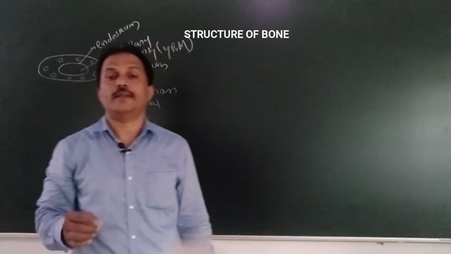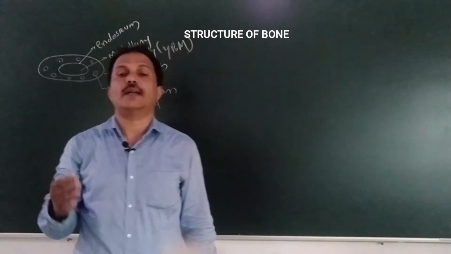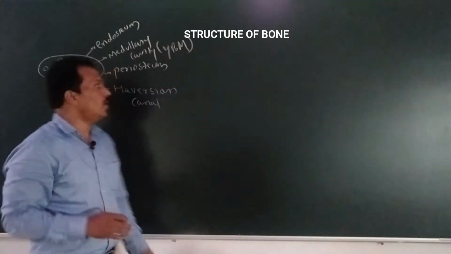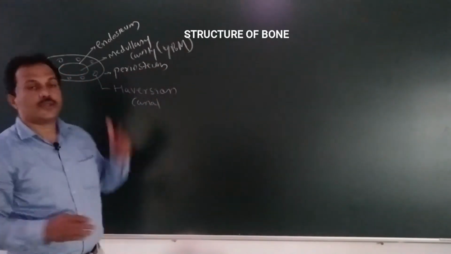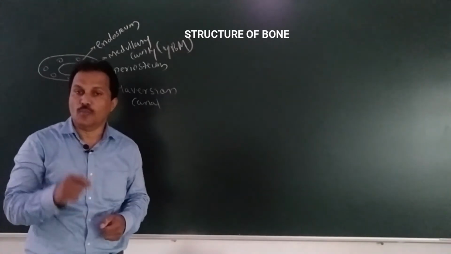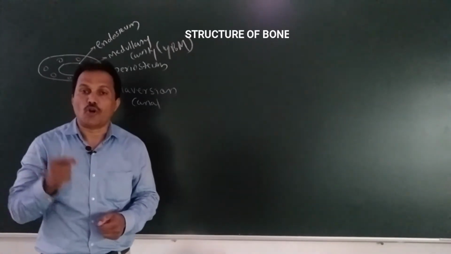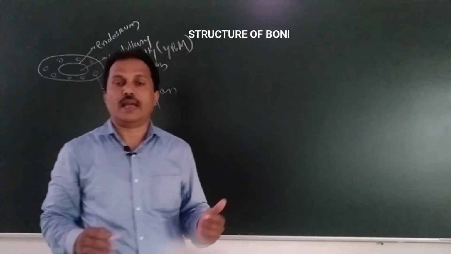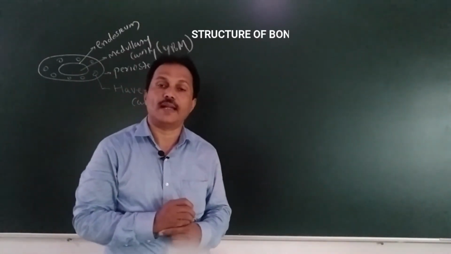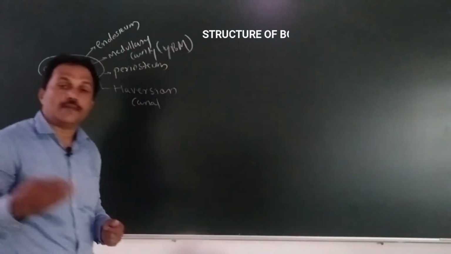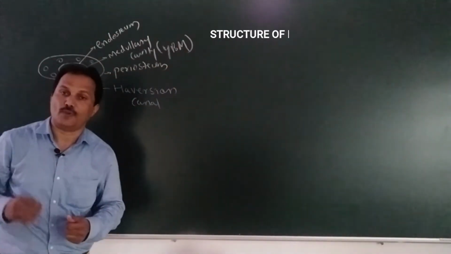They supply the blood, and the nerves also pass through this canal. It is embedded in the compact bone. In spongy bone you may not find Haversian canals, so there is no direct blood and nerve supply to the spongy bone. That is one of the differences between compact bone and spongy bone.